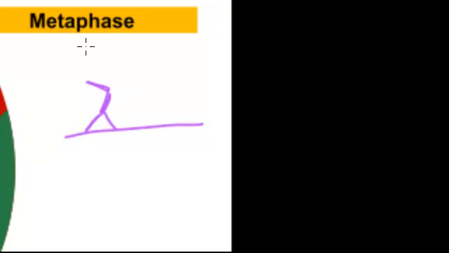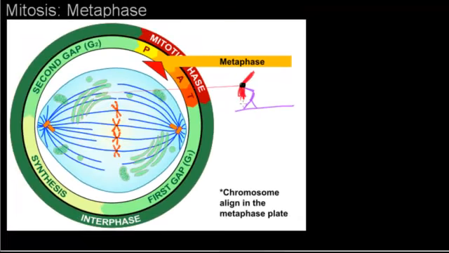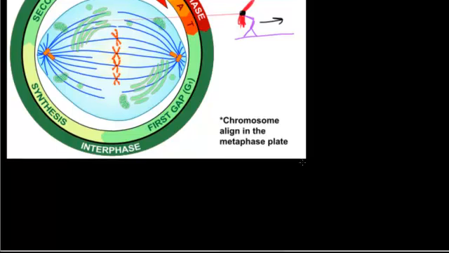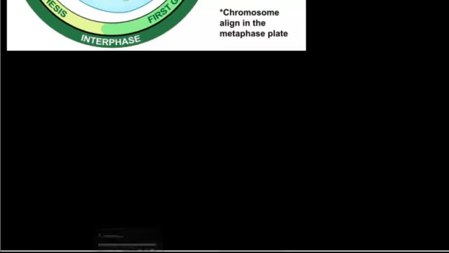Okay, here would be one half, so there and there, and let's put a kinetochore there, and that motor protein walks that thing back. Okay, it uses ATP for energy, but these things don't just randomly move on their own. It's walked back. That happens, though, in anaphase.